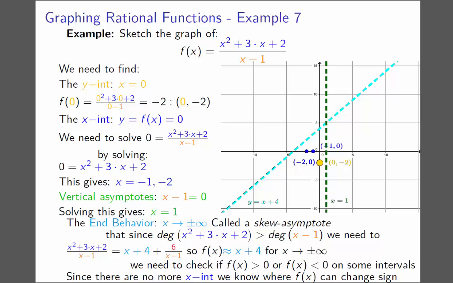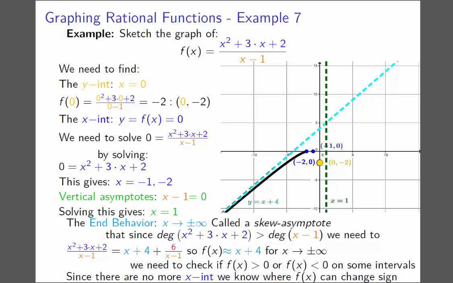For x values before negative 2, we know our function needs to behave like the line y equals x plus 4 as x gets bigger and bigger. So to the left of negative 2, our function approaches that line.